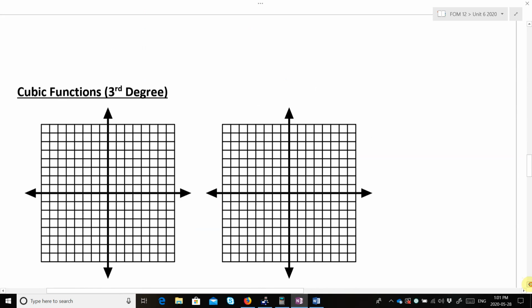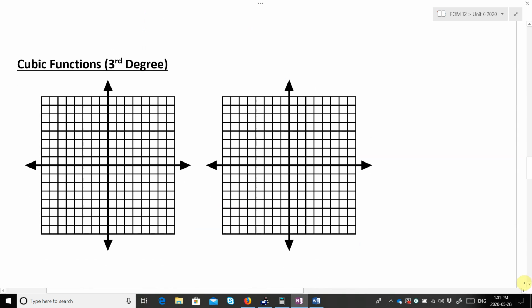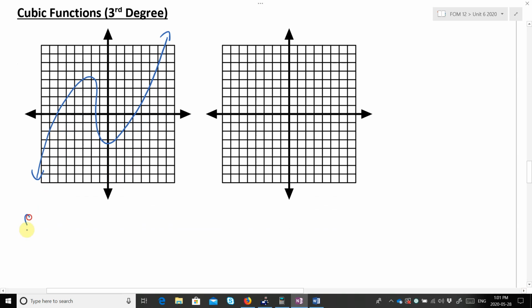Okay, and finally, cubic functions, which are third-degree functions. These are what we call the John Travolta graphs, kind of like Saturday Night Fever. So one end points up, the other end points down. And an example could be x cubed plus 3x squared minus 2x plus 5.